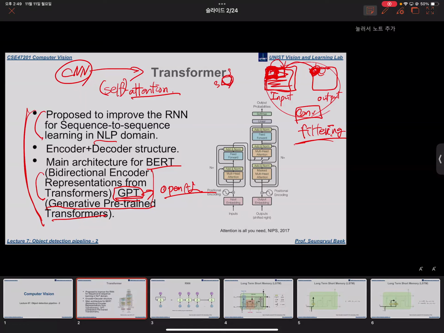Anyways, they apply convolution operation for a predefined blur filter or predefined sharpening filter. Like that.